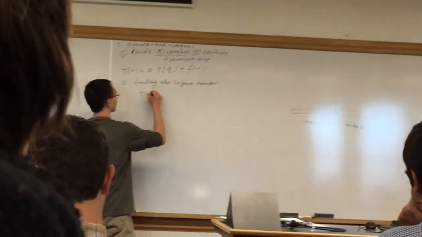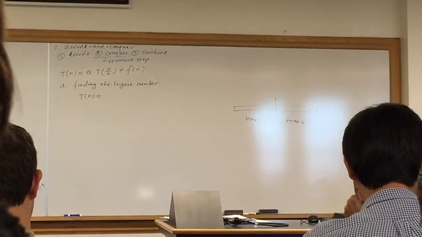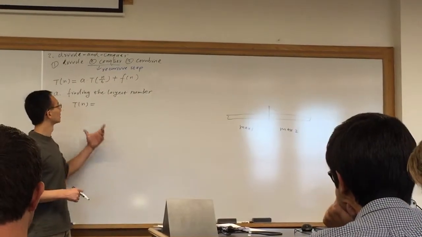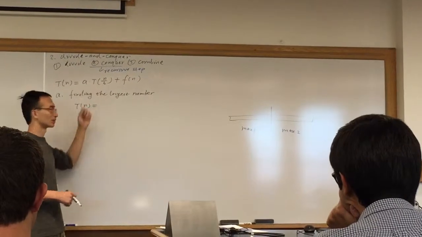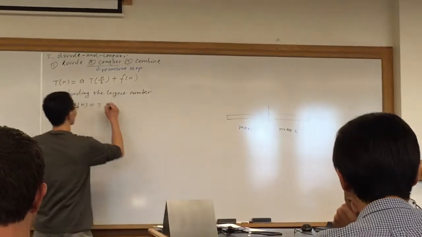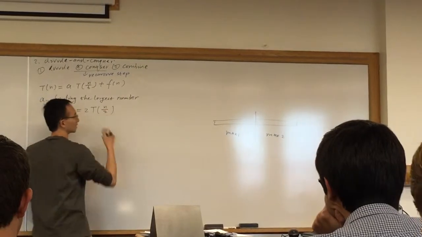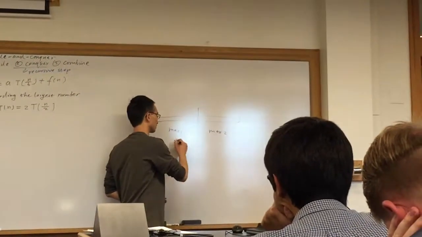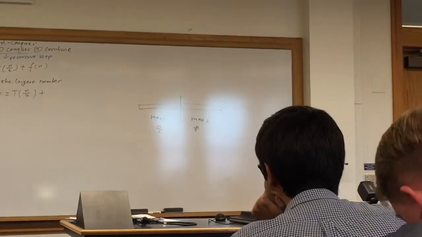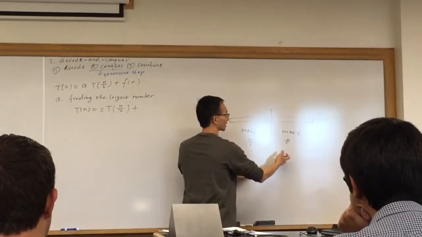So what is the recurrence for the runtime T(n)? What is a here? 2, right? Because we have two subproblems. And what is b here? 2, right? Because each size is n over 2. And plus, what is the time for combine? Just constant, right? We just return the larger value.